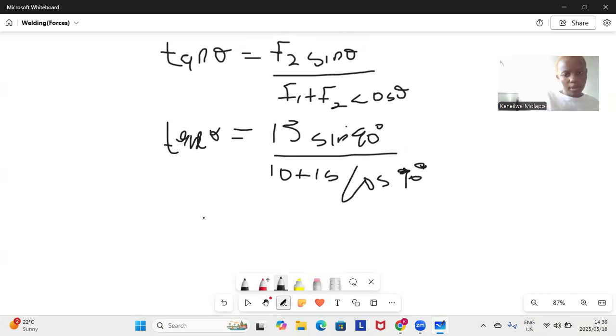So let me calculate this. Tan theta equals 15 sine of 90 over F1, which is 10, plus 15 cos of 90.